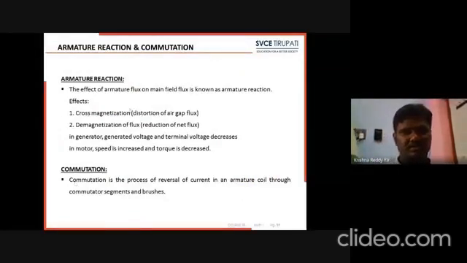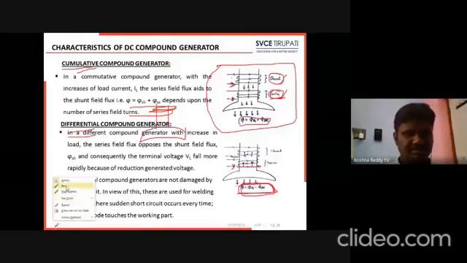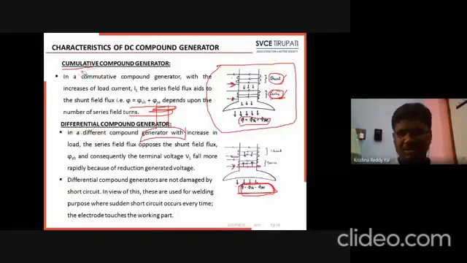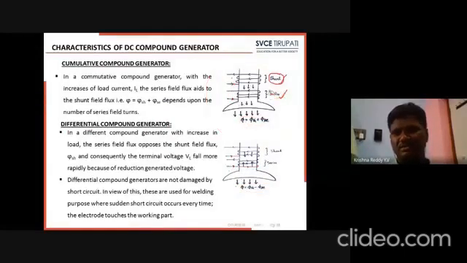Okay. If you have any doubts in the characteristics of DC generators or all the generators, ask. I will give 2 minutes time. If you don't have any doubts, we can go for the next topic. What is the armature reaction? What is the commutation? Anyone can respond.